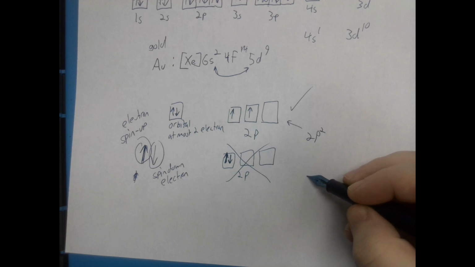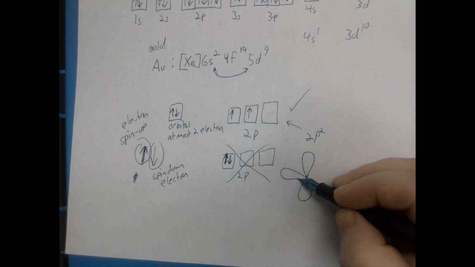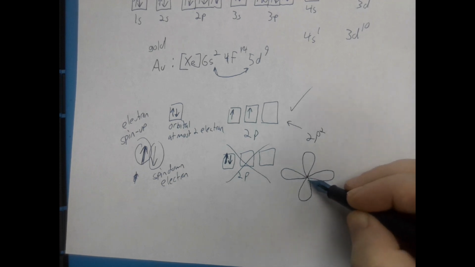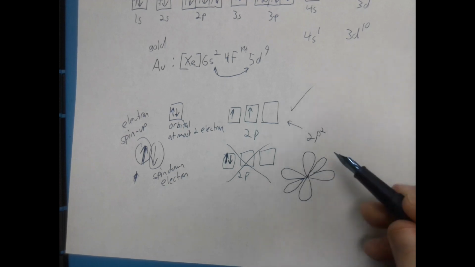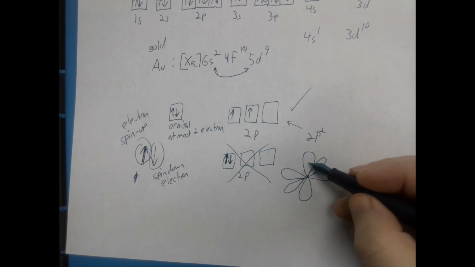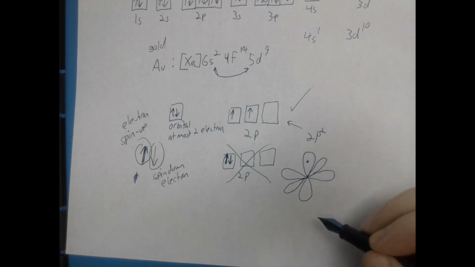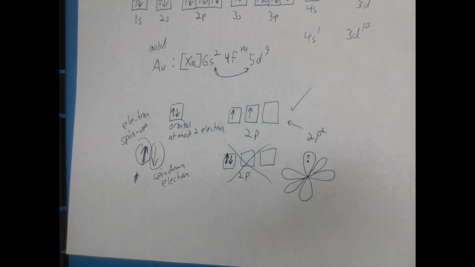So in real life, you have these orbitals. You can put an electron into them. So here's one electron, and I'm going to have it spin up.